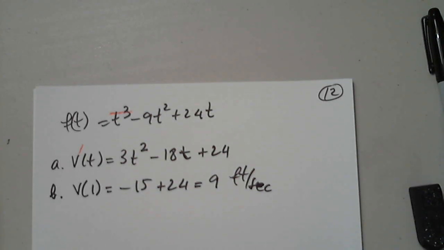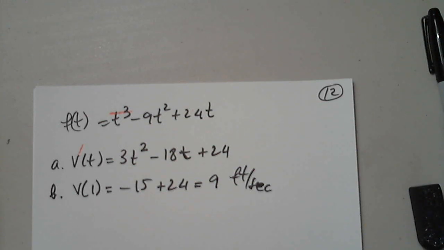The velocity is the rate of change of distance with respect to time. When I drive somewhere and somebody calls me and says, what is your speed? I look at the odometer and I say 49 miles per hour. The rate of change of distance with respect to time is 49 miles per hour.